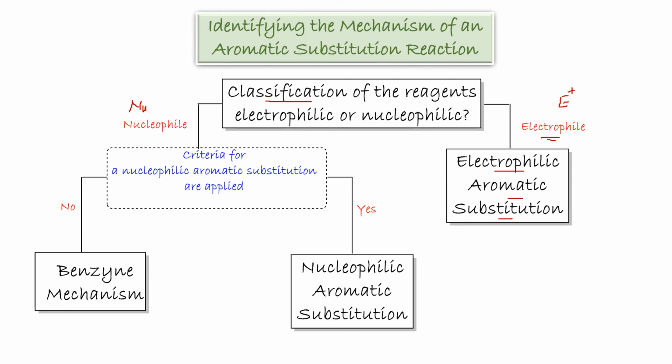If it's a nucleophile, then you ask yourself if the criteria for nucleophilic aromatic substitution are there. Number one, a good leaving group. Number two, the presence of an electron-withdrawing group ortho or para to the leaving group. If yes, then the reaction will go via nucleophilic aromatic substitution. If no, then the reaction will go via the benzyne mechanism, elimination first, followed by addition.